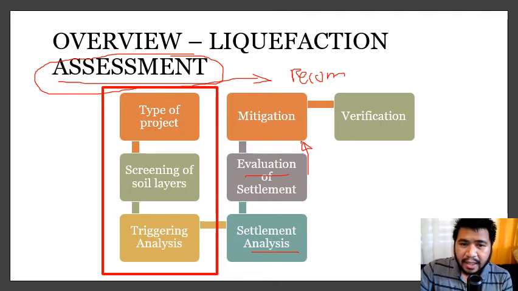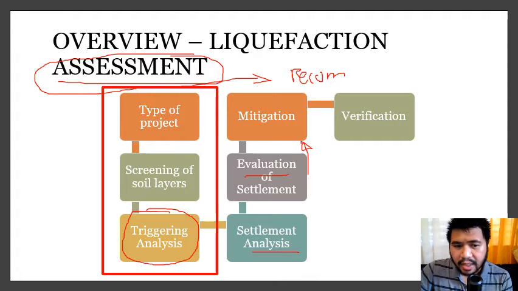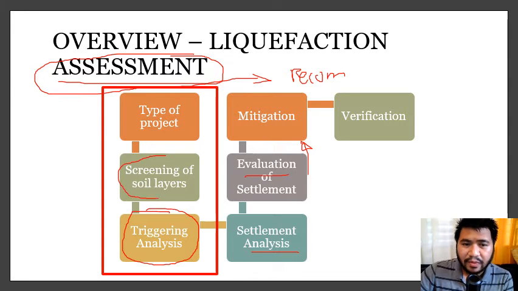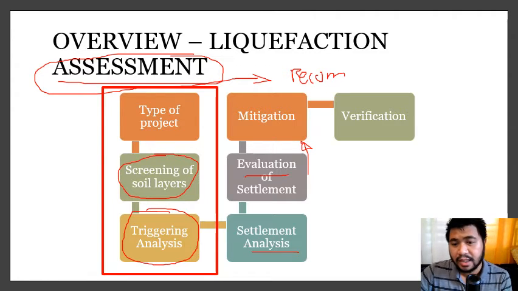And this whole process starts with the analysis, or the liquefaction triggering analysis. In here, you're basically calculating the factor of safety of the soil against liquefaction. Before that, you also have to screen out all the soils that are potentially susceptible to liquefaction. For example, gravels and clays are generally not susceptible to liquefaction.